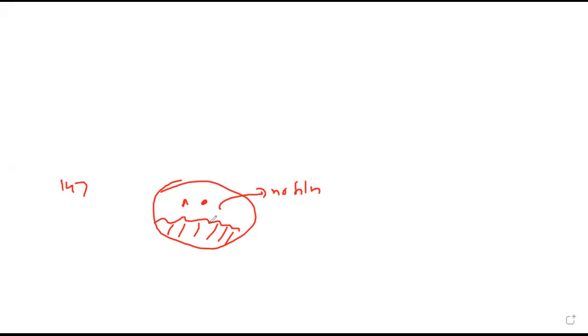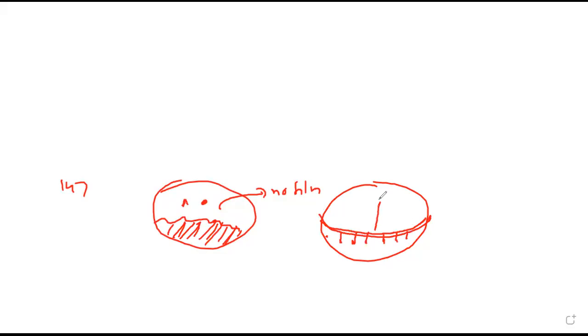If A is punctured, then this will be pulled downward like this, due to this force. Correct? This is the film. So force due to surface tension will pull this inward this way. So that means it is concave this side. Concave towards A. Concave towards A option is given.